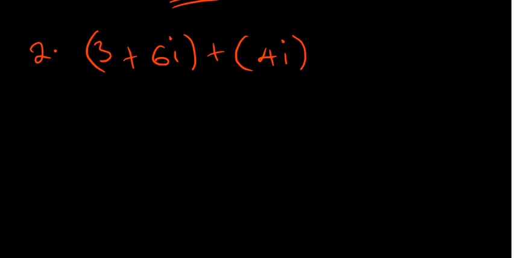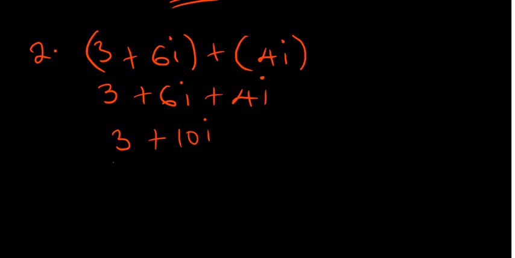So we are going to say 3 plus 6i, then plus 4i. So here 3 plus 6i plus 4i will give you 10i. So that's the answer for this one. Let's go next to the subtraction.